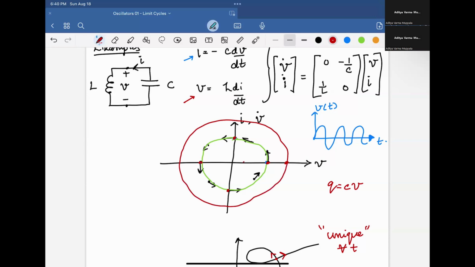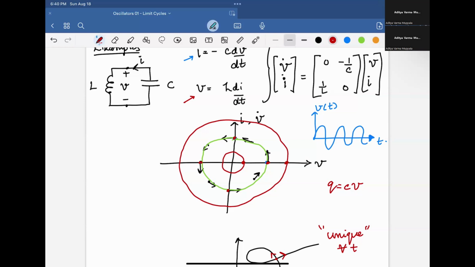Or if the voltage is lower, then it would take this trajectory, right? So it's clear here that, at least for this LC oscillator, any solution is valid. For different values of the charge you put on the capacitor, or different current through the inductor, or different amounts of energy in the system, you would have many solutions, right?